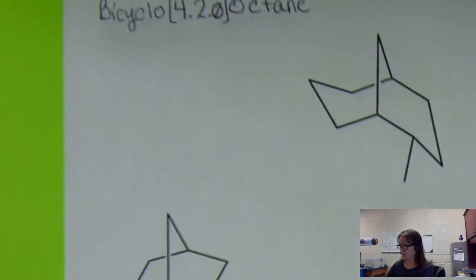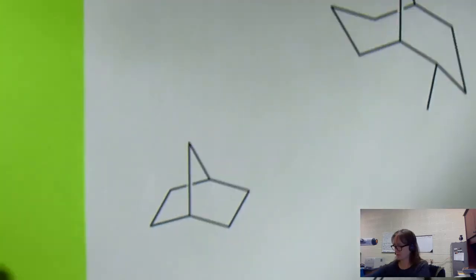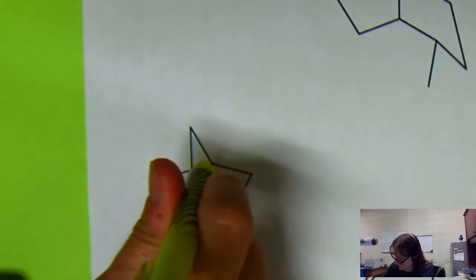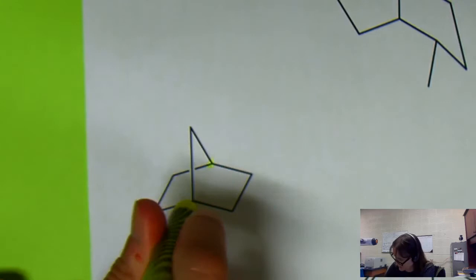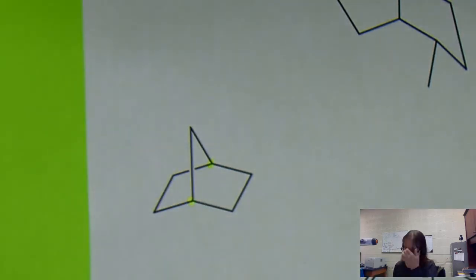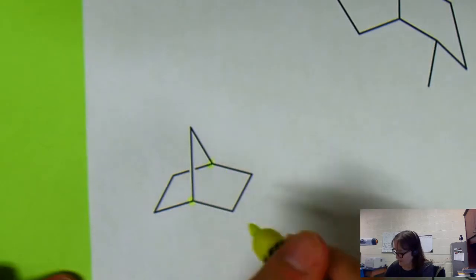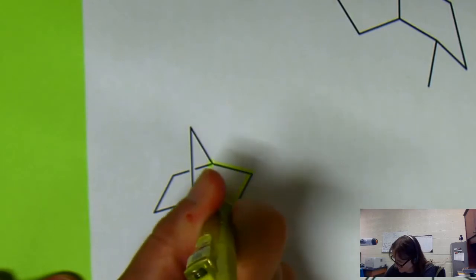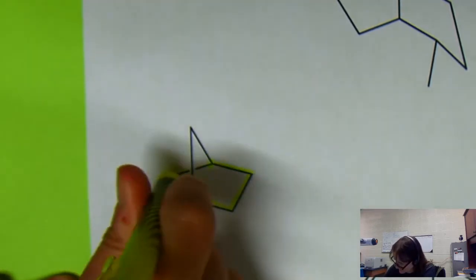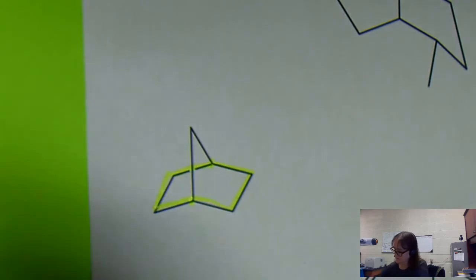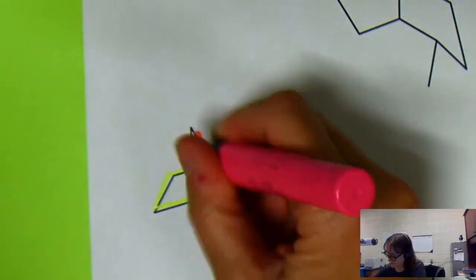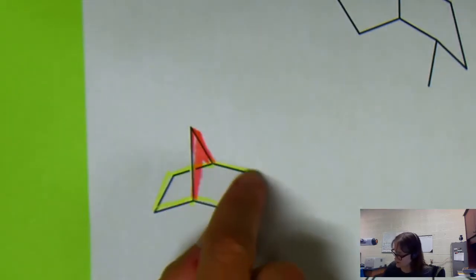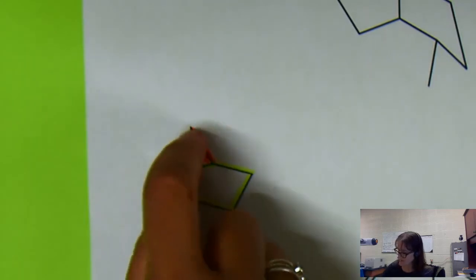So if we look at another one, if we locate our bridge carbons, which will be here and here, and we count the total number of carbons, then we have 1, 2, 3, 4, 5, 6, 7.